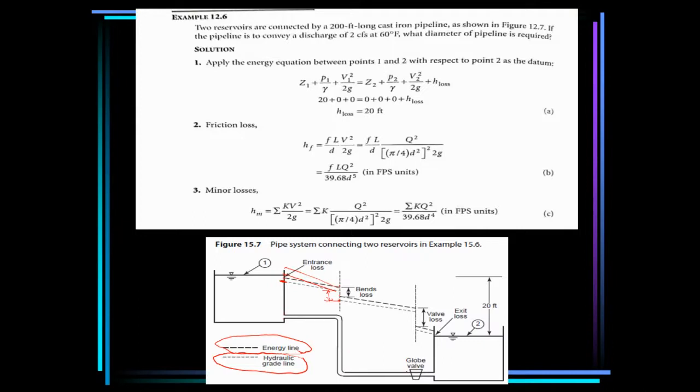And then as it is flowing, you have a globe valve here just before the entrance. There will also be loss in head, the pressure head, as well as the energy grid line. And then when it enters, there is entrance loss here.